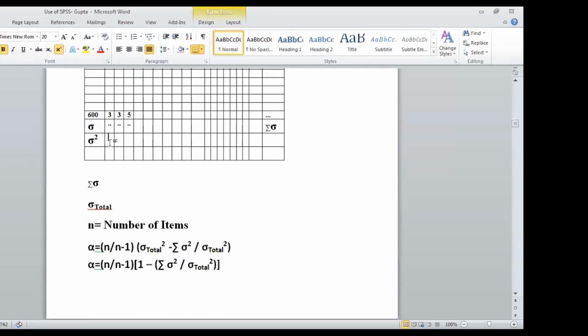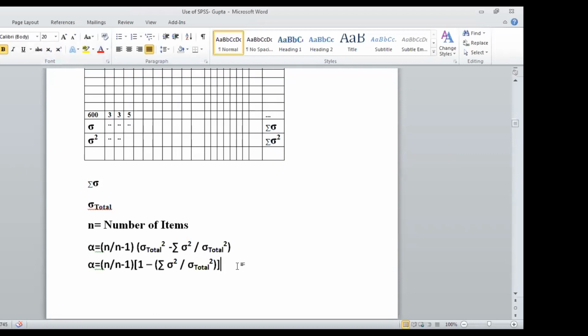So you can find out the square of the standard deviation everywhere, and then you add them up. And this sigma is nothing but sigma total. So you can put your values here and you can find out the value of alpha.